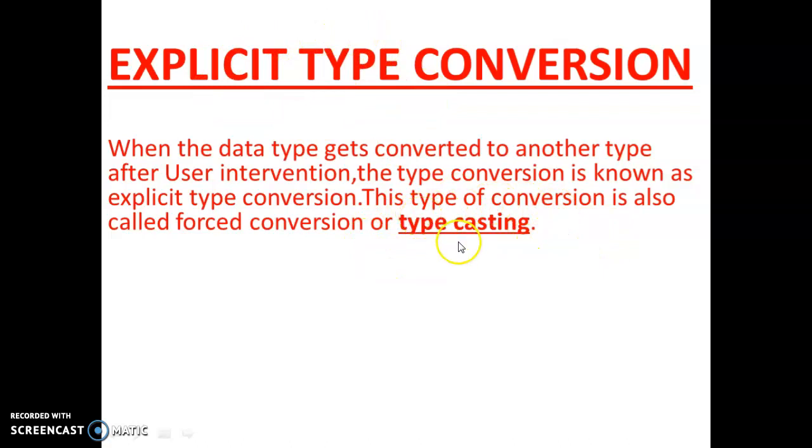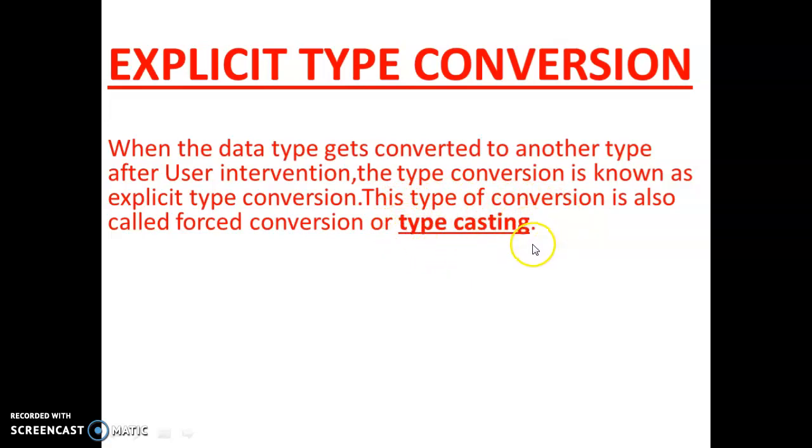Many times in the board paper you will get the question: what is typecasting? Then don't be confused. Actually they are asking you what is explicit type conversion. Maybe you know what explicit type conversion is, but you don't know the other term for it. So I want to mention that please remember, this is a very important term.